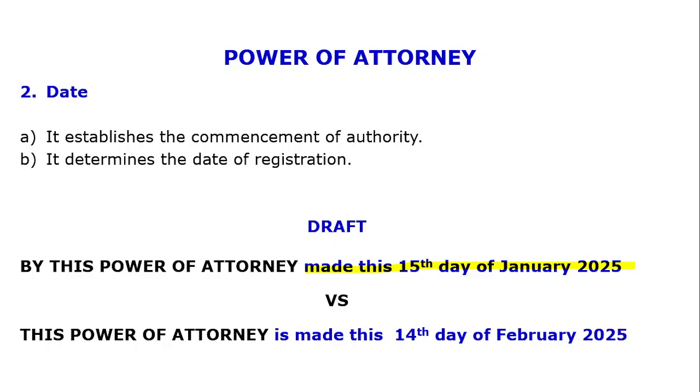Now, I've told you there's option 1 and there is option 2. I told you that option 1 is when you know that the power of attorney will not include a reciter. But the moment that the power of attorney will include a reciter, use option 2, which is why it now flows that this power of attorney is made. So the moment you see "is made", it tells you that this power of attorney would include a reciter.